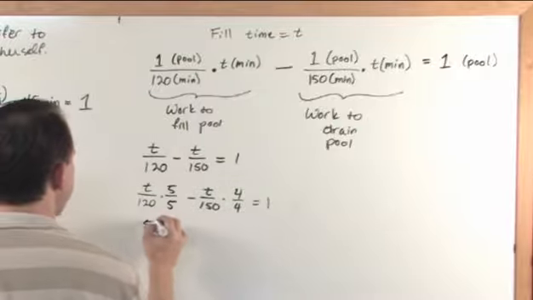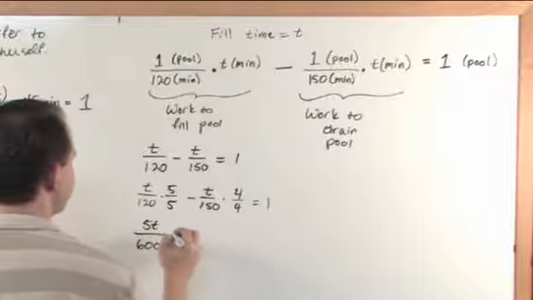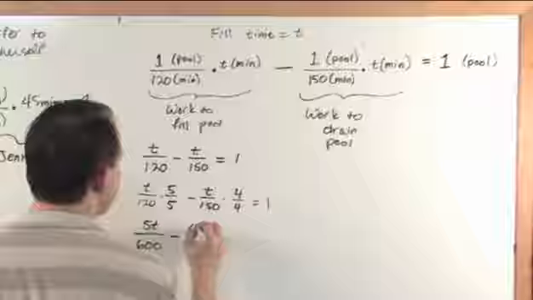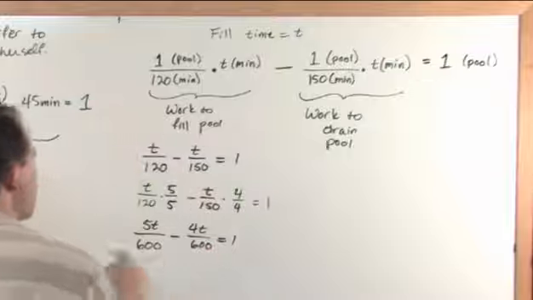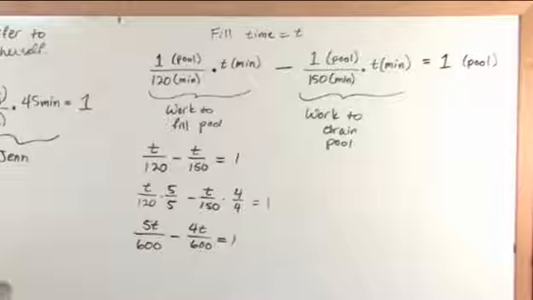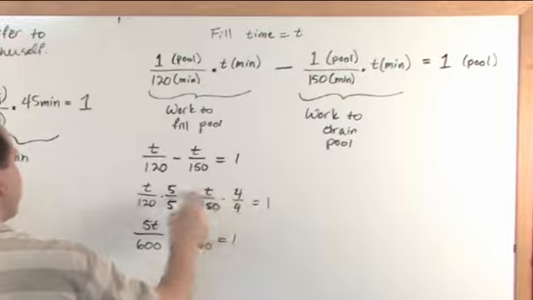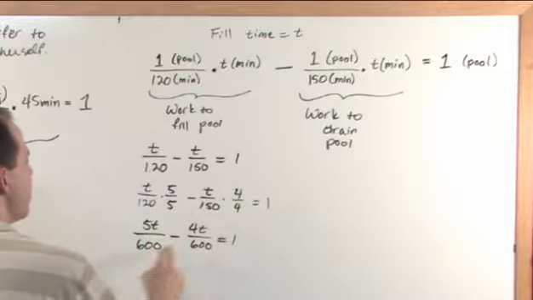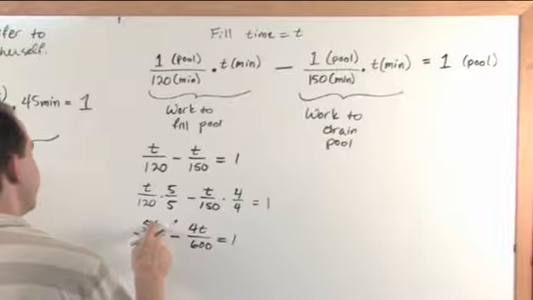I would get 5t on the top, and I would get 600 on the bottom, and I would get 4t on the top, and I would get 600 on the bottom, and so now I have my common denominator. So there's nothing magical about this. You're just trying to pick some unity fractions here so that I can get the same bottom. It doesn't matter what the bottom is. It just has to be the same.